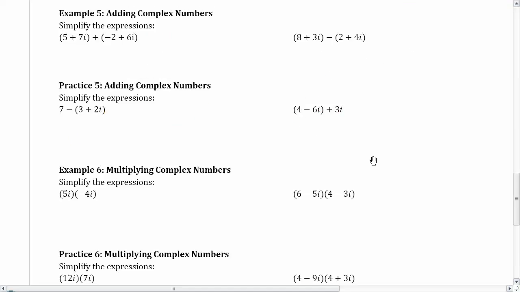Flip over to the back, and we're going to look at 2 more examples. Example 5, adding complex numbers. Example 6, multiplying complex numbers. Okay, example 5. This is pretty much the same thing as what we always do when we combine like terms.